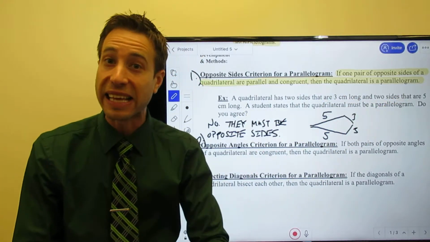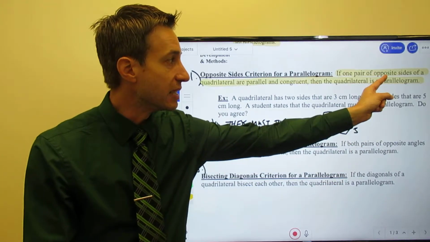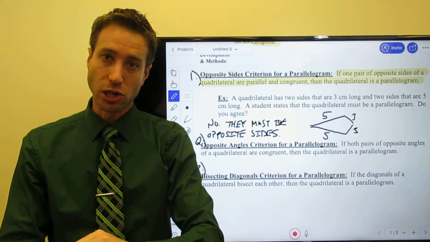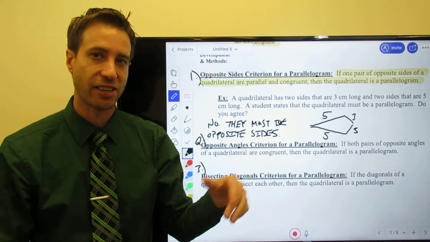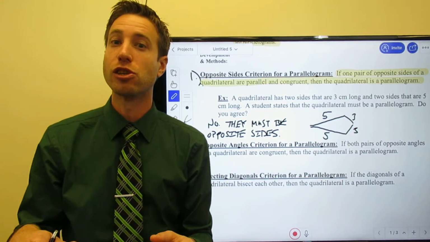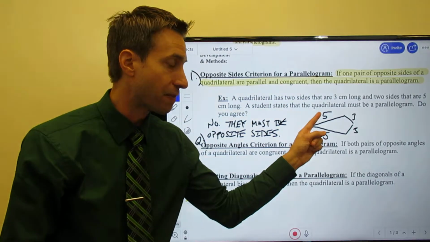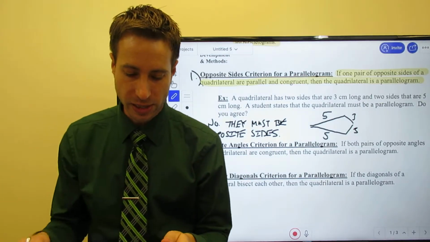Just knowing the lengths of the sides is not enough. You need to know that they are opposite sides and that those opposite sides are congruent. So please be very, very careful with this criteria. It is not enough to just know that you have sides that are the same length, 5 and 5. They have to be opposite sides as well.